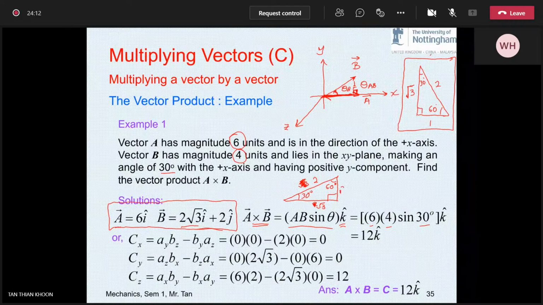Because if you want to put it as 6, then you need to do certain calculations again to modify all of this.